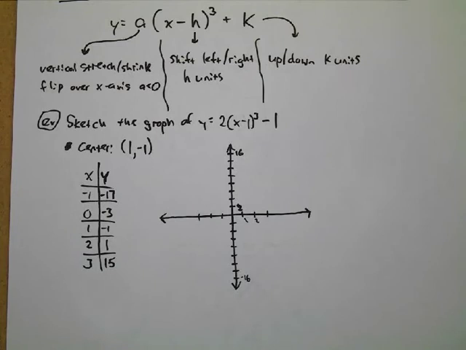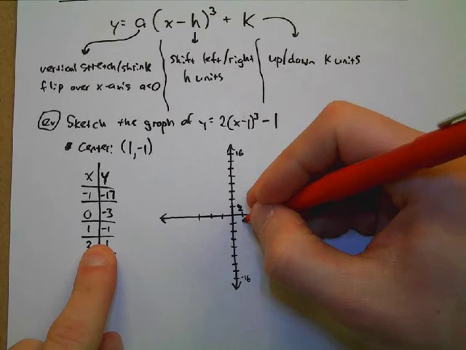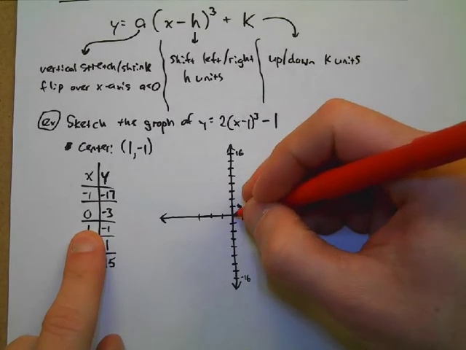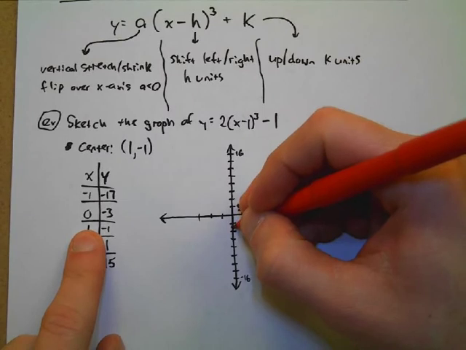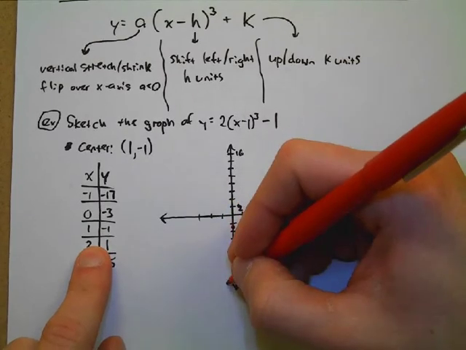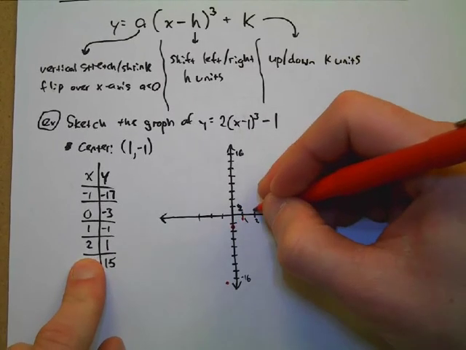Coordinate plane, plot your points. So 1, negative 1 would be like the halfway point right there. 0, negative 3, so right there. Negative 1, negative 17, so right there. 2, 1, so right there.